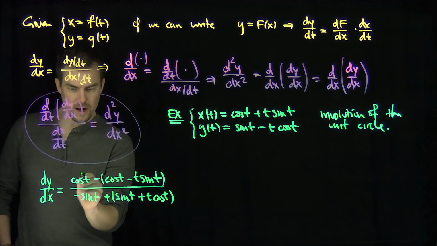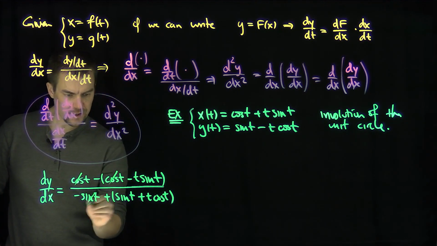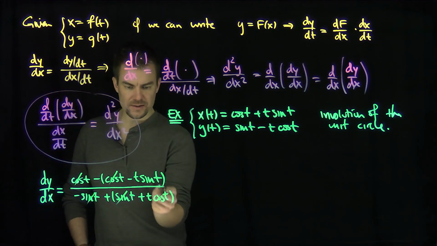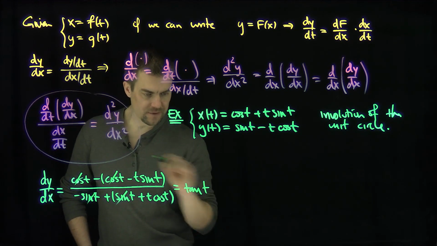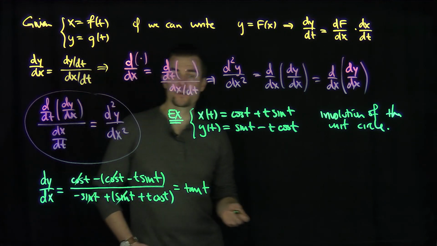So dy dx is going to be t sine t over t cosine t, which is just tangent of t. Great.